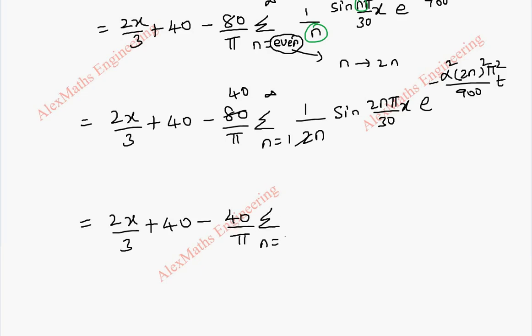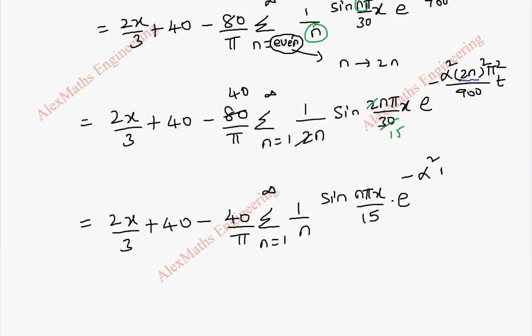So it is 2x by 3 plus 40 minus 40 by pi. Summation n is from 1 to infinity. We have 1 by n sine. We can cancel this also. So it becomes 15. So sine n pi x by 15 e power minus alpha square. When I square this, this will become 4n square, and the 4 and 900 we can cancel. It will become 225 in the denominator.